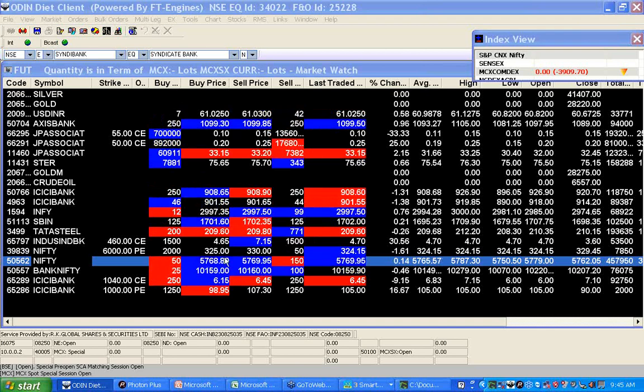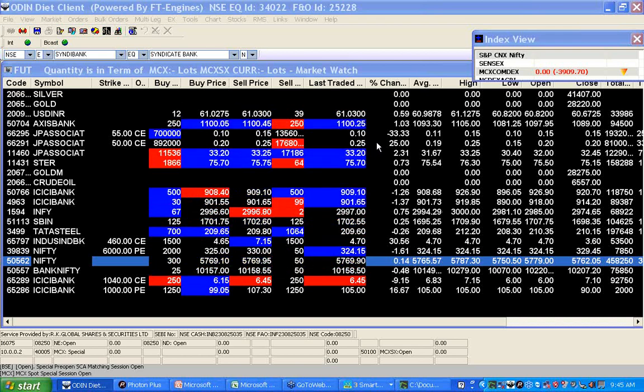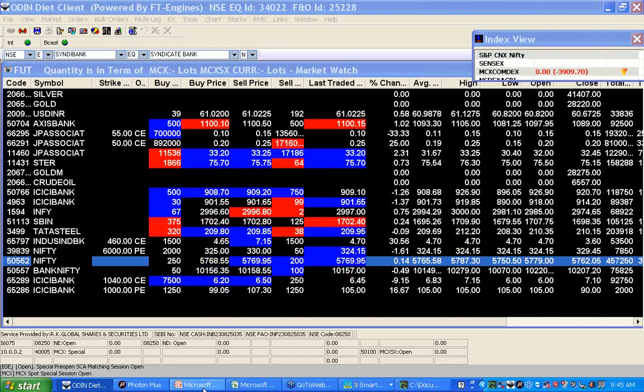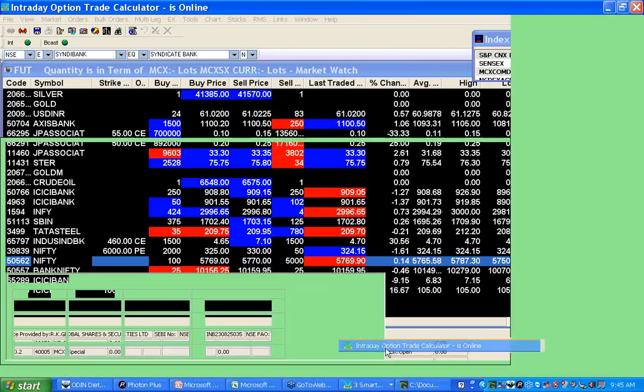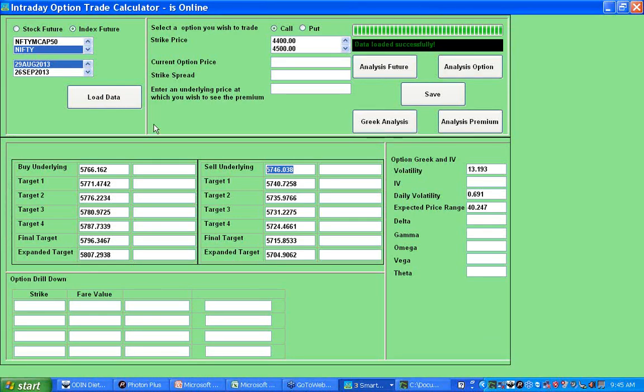We have initiated the buy entry here, and once the buy entry is initiated, definitely our attention will go to the call option.